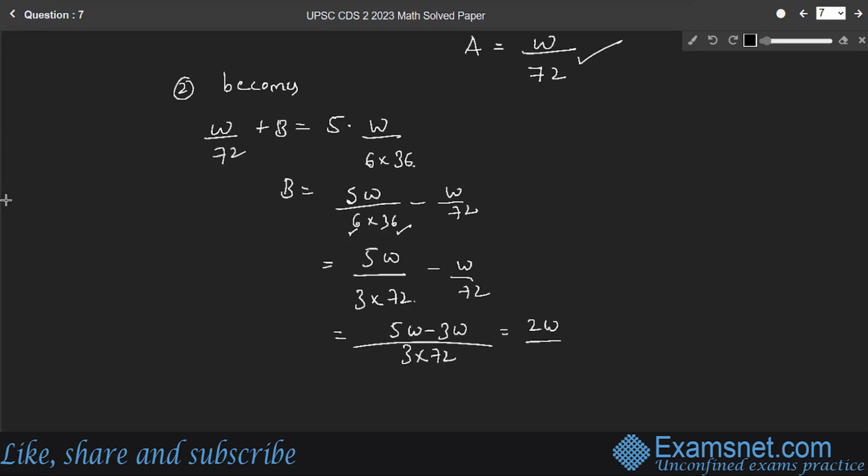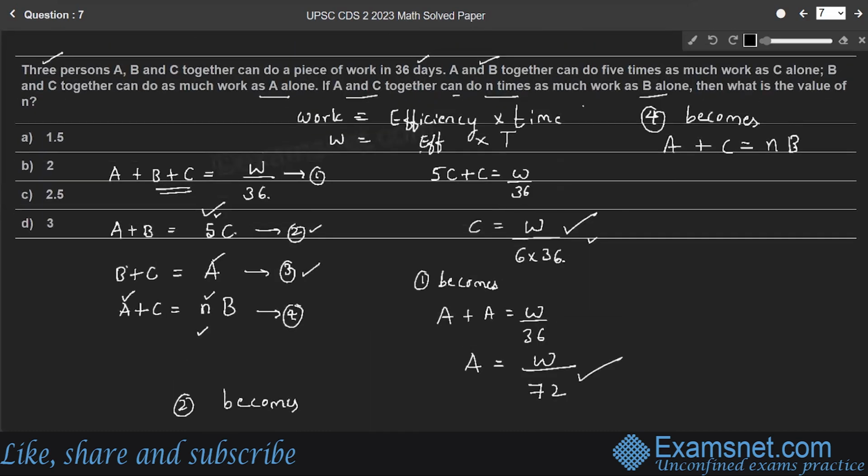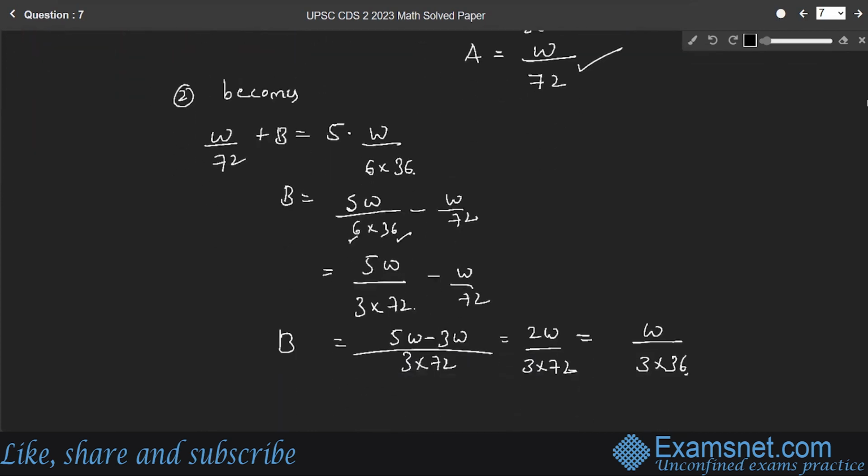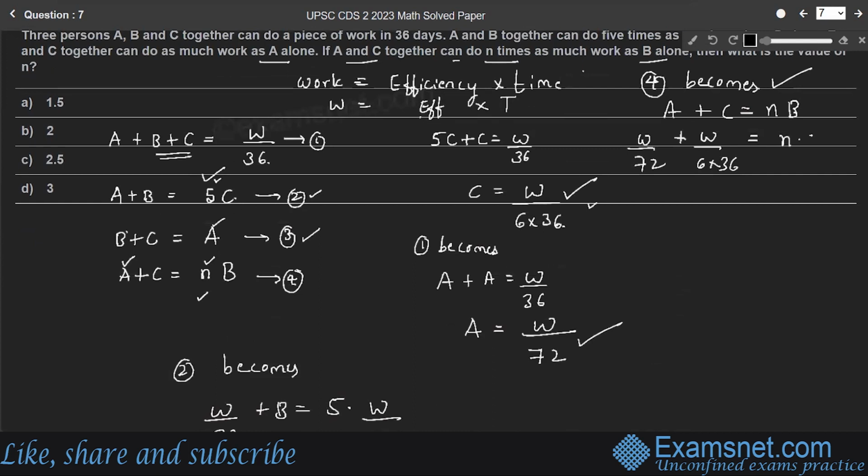So 2W by 3 into 72 is the value of B, or W by 3 into 36 is the value of B. Now consider equation 4. So A is W by 72 plus C is W by 6 into 36, equal to N into B, which is W by 3 into 36.